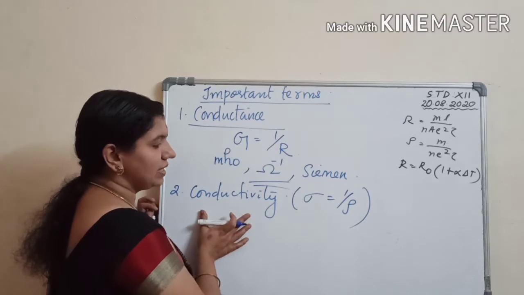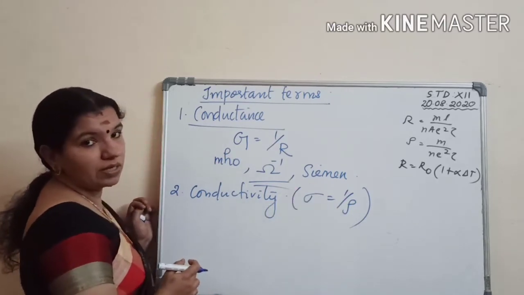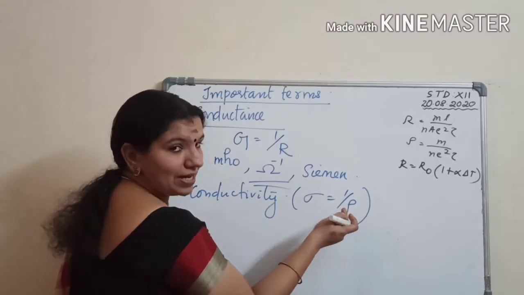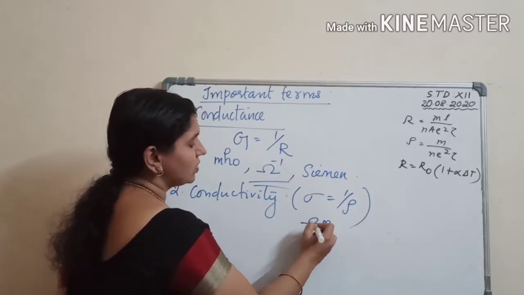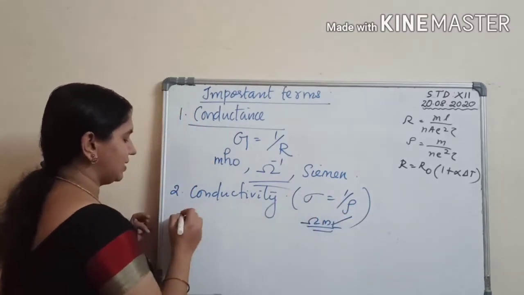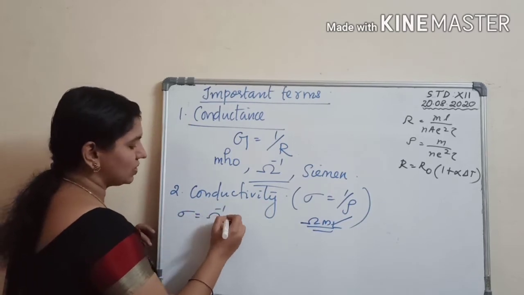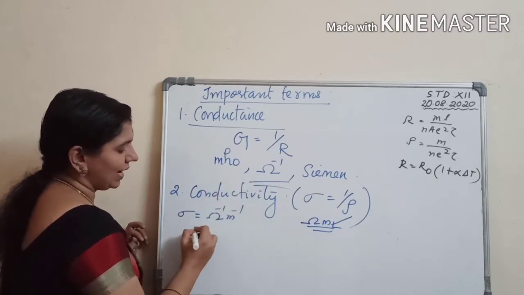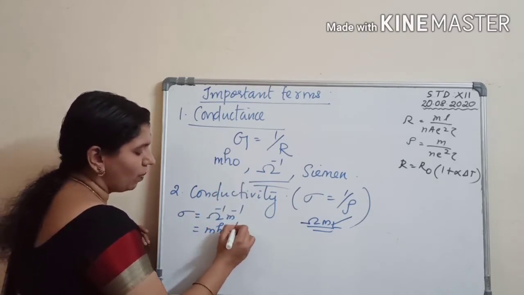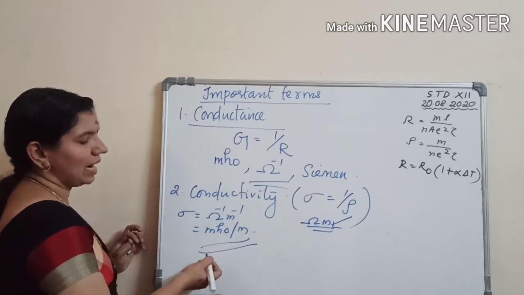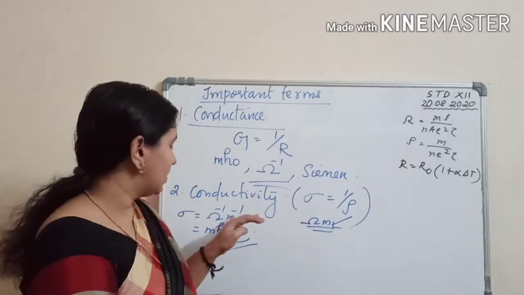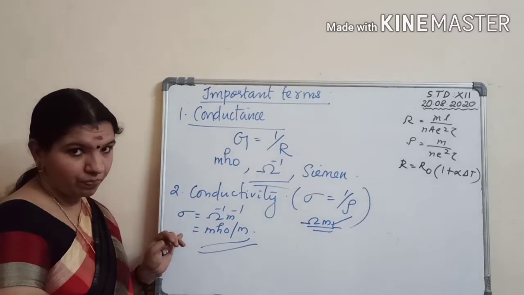The unit of resistivity is ohm meter, so the unit of conductivity is ohm raised to -1 meter raised to -1. Ohm raised to -1 you can write as mho, so mho per meter is also right. This is the unit of conductivity, represented by sigma. Clear?